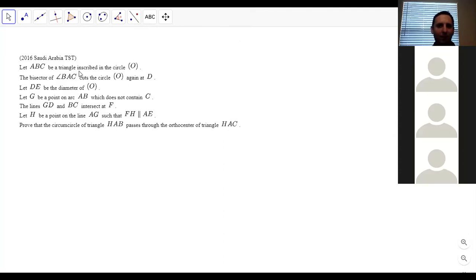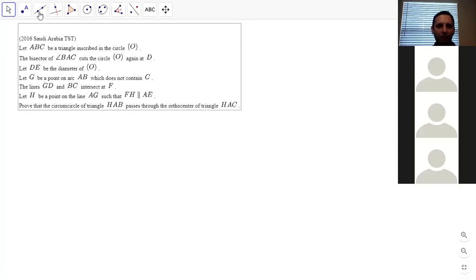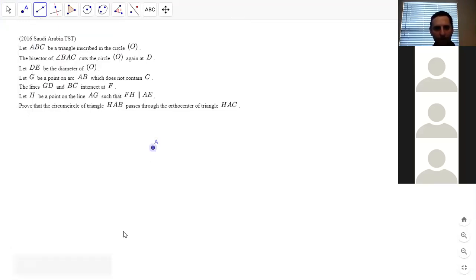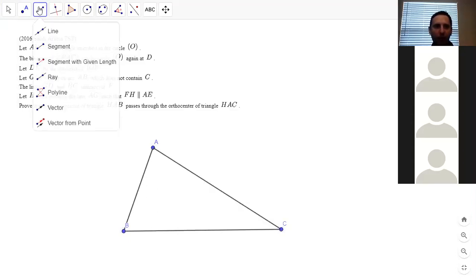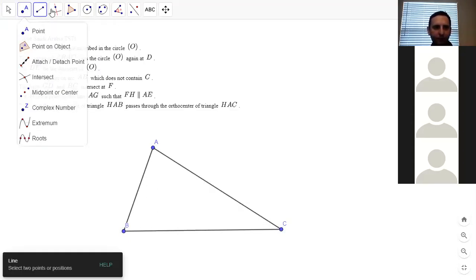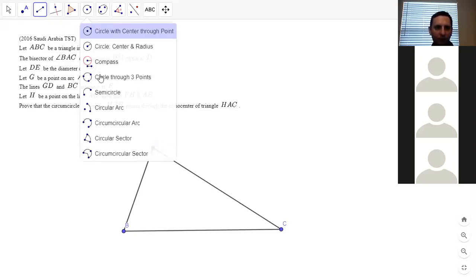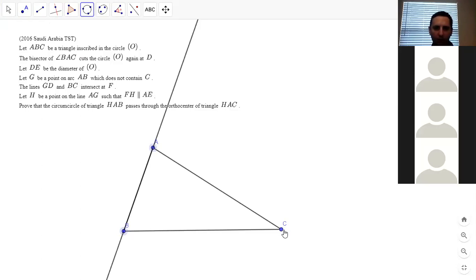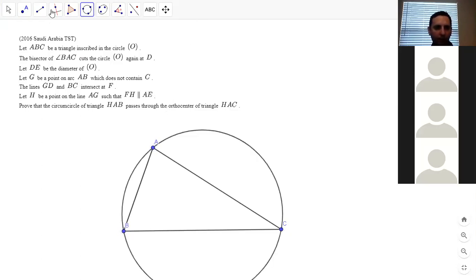So yeah, we have a triangle ABC and a circle O. This looks like a kind of similar idea where you take the angle bisector. So I'm going to draw the perpendicular bisector of BC.